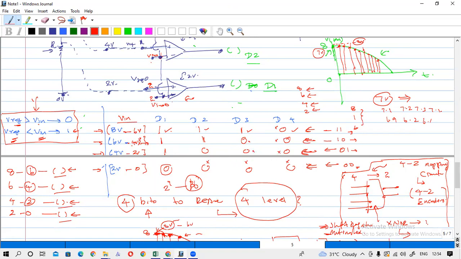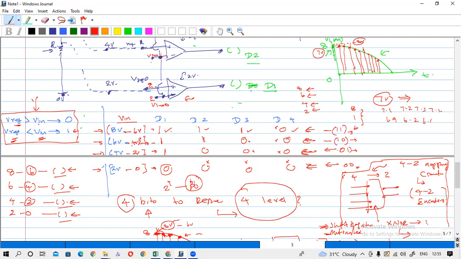We have to care about the needed one, because we are not going to represent our voltage value using this combination. This is just the comparator value, and we represent this using these values.